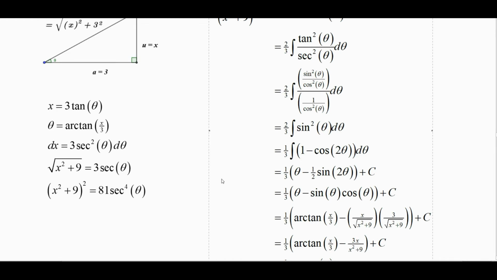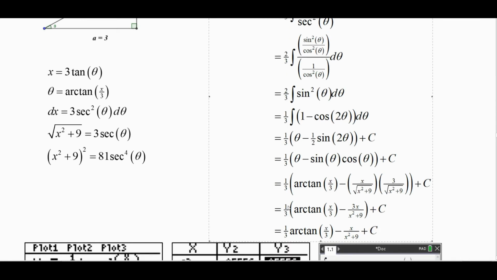And the cosine theta is adjacent over hypotenuse, so that's 3 over the square root of x squared plus 9. You have two fractions multiplied together, so multiply the tops, multiply the bottoms. When you multiply the numerators, 3 times x is 3x. Multiply the denominators, you get x squared plus 9. That cancels the square root, basically.